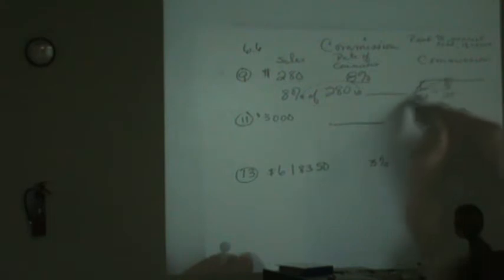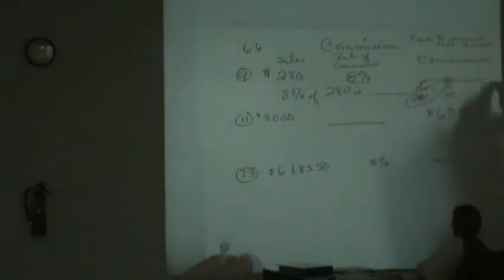So do 8 times 280. $22.40 divided by 100, that moves your decimal back twice. So he gets $22.40 for selling you a $280 thing.